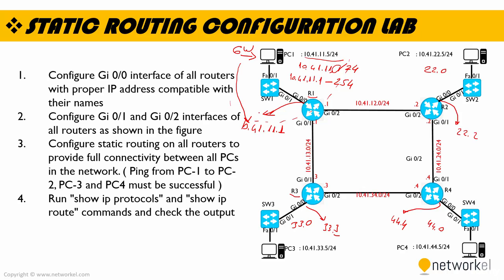Alright, let's go and configure the GIG0/0 interfaces as shown in the figure. I'm gonna configure 11.1 for router 1, 33.3 for router 3, 44.4 for router 4, and 22.2 for router 2.